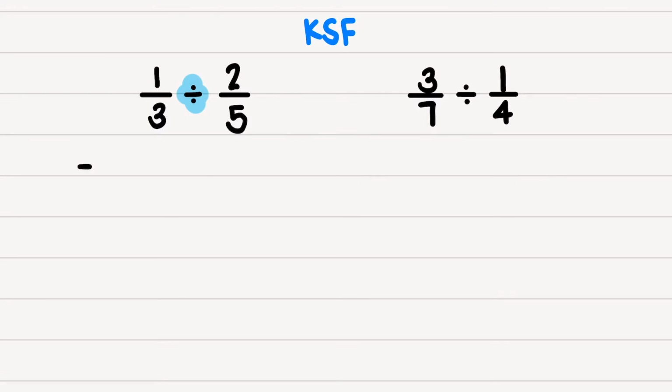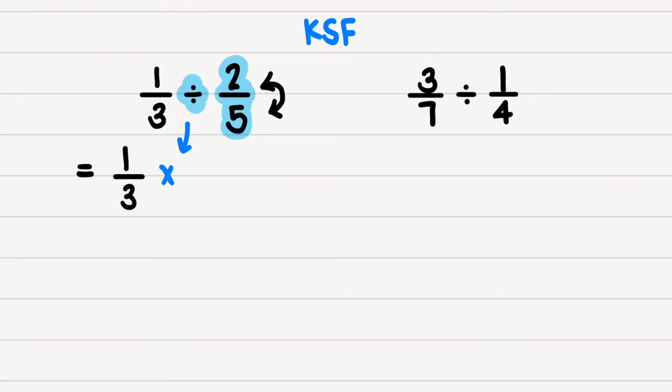So keep the fraction before the division sign the same, 1 over 3. Switch the division sign to a multiplication sign. So I'm going to switch the division to a multiplication sign, and then I'm going to flip the fraction after the division sign. So I'm going to flip this fraction around.